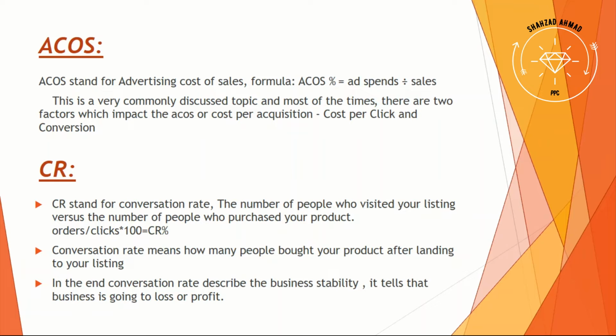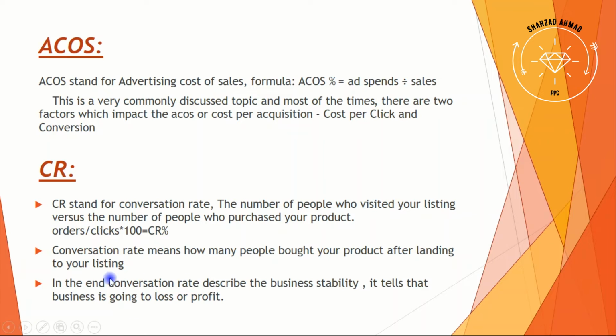Next is CR. It stands for conversion rate. The number of people who visited your listing versus the number of people who purchased your products. Conversion rate is actually the purchases that customers made on your products.